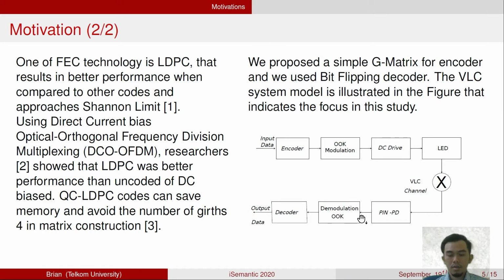And this is the OOK modulation, but in this modulation the real data haven't come out yet, so we have to use the decoder to extract the real data. And the last, we will compare the input data and then the receiver data. So we have BER or bit error rate to present how much error is obtained in this scenario.